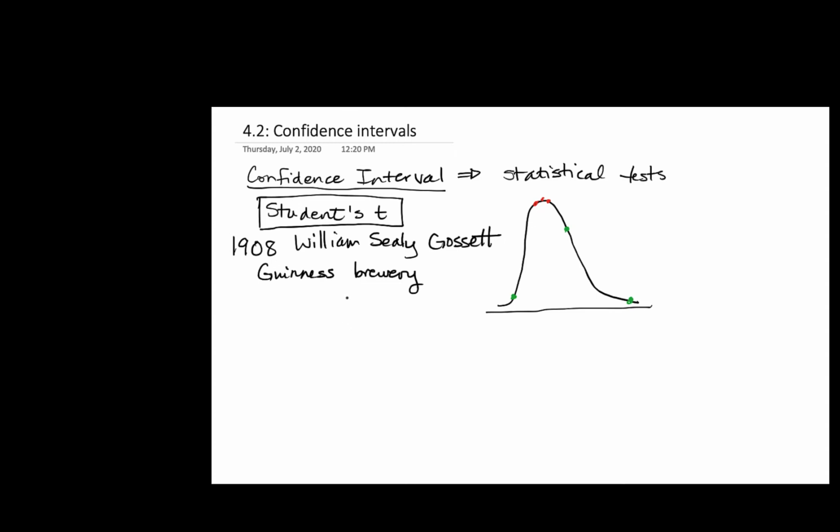So he was really interested in dealing with statistics for small sample sizes like 3, and he was looking at how to look at the ingredients that they were using for brewing the beer, even with relatively small sample sizes or relatively small number of experiments, to predict whether or not the replicate trials of making beer were going to be equivalent to each other. So this student's t came out of that statistical work.